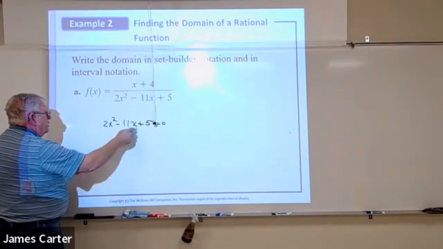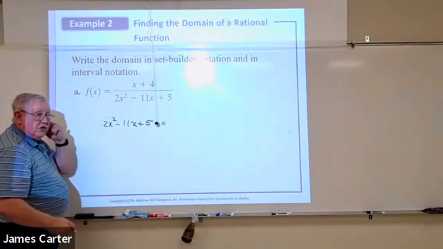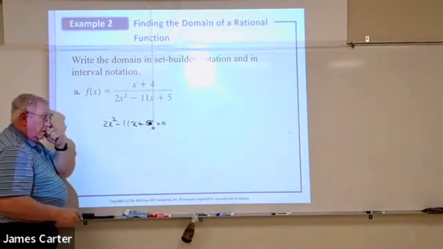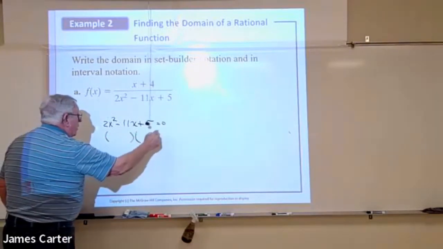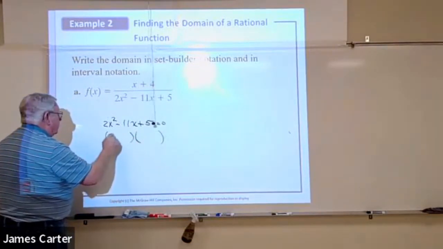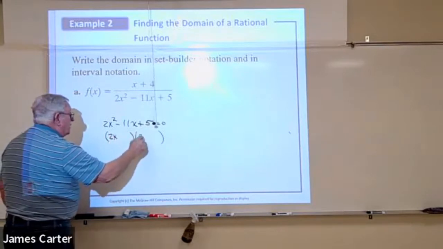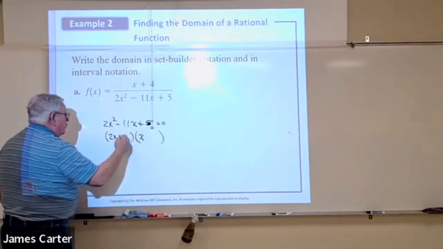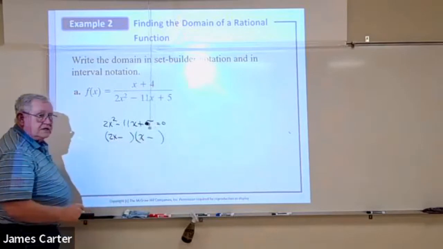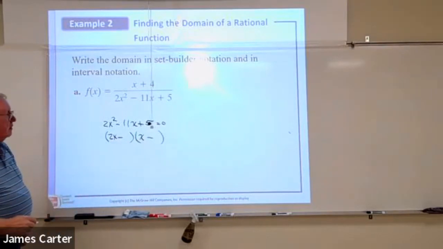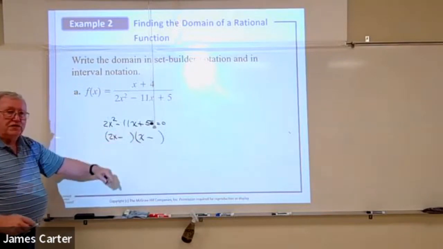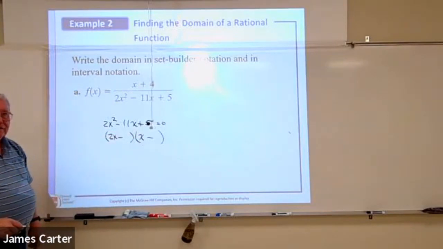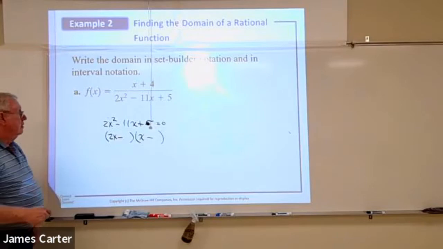Now, this thing we need to see if we can factor it. Well, this one will probably factor into 2x something here, 1x something there. Looking at the rule of signs, they're both minuses, right? Now, we just got to figure out which one of these two the 5 goes with, because it matters.